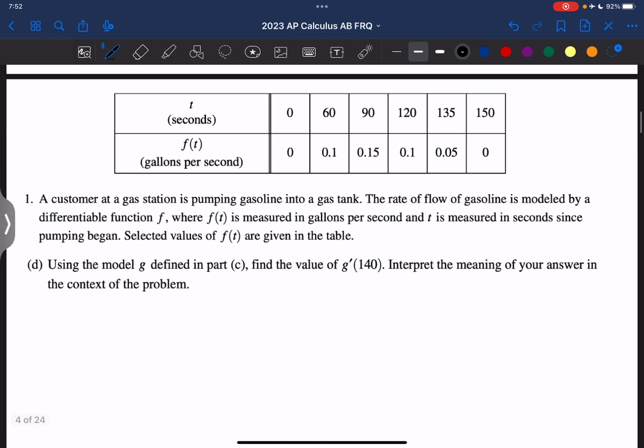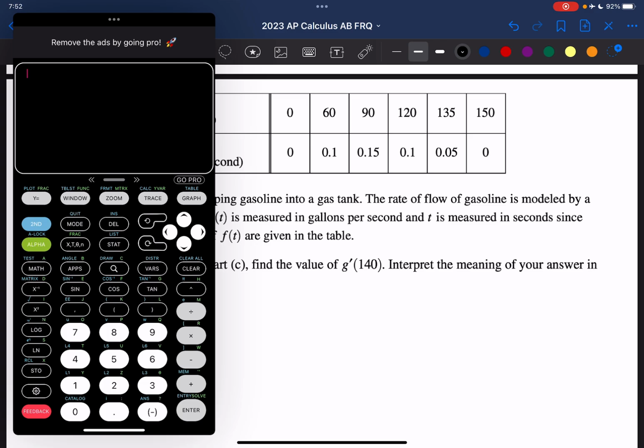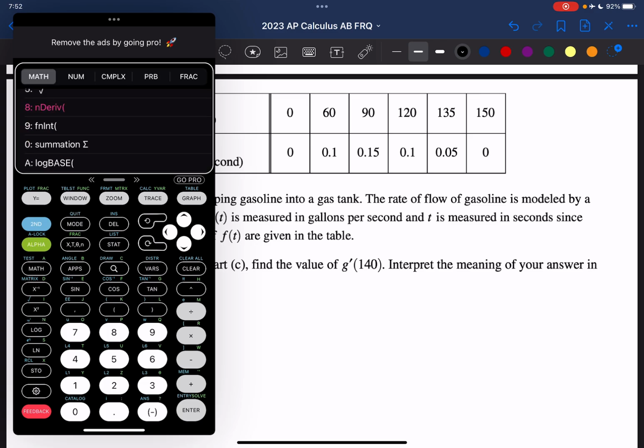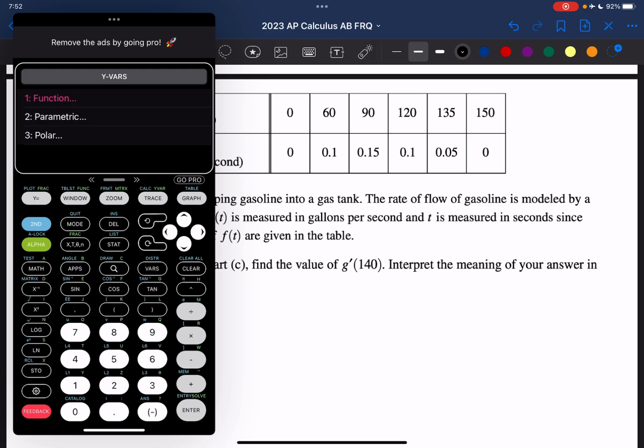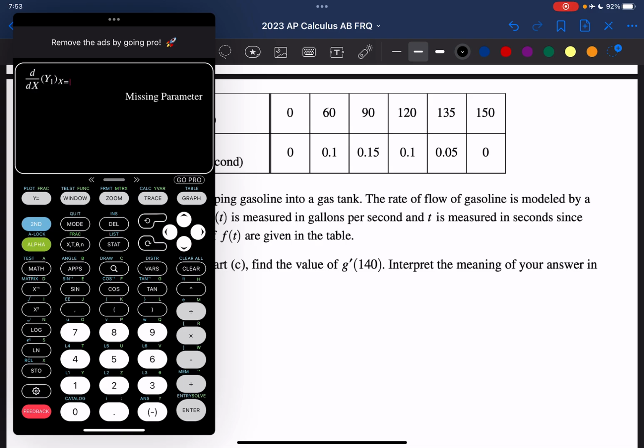Part D. Use the model g to find the value of g prime of 140. So I'm going to use nDeriv. And we have y1, and the value we have is 140. So g prime of 140 is negative 0.005.